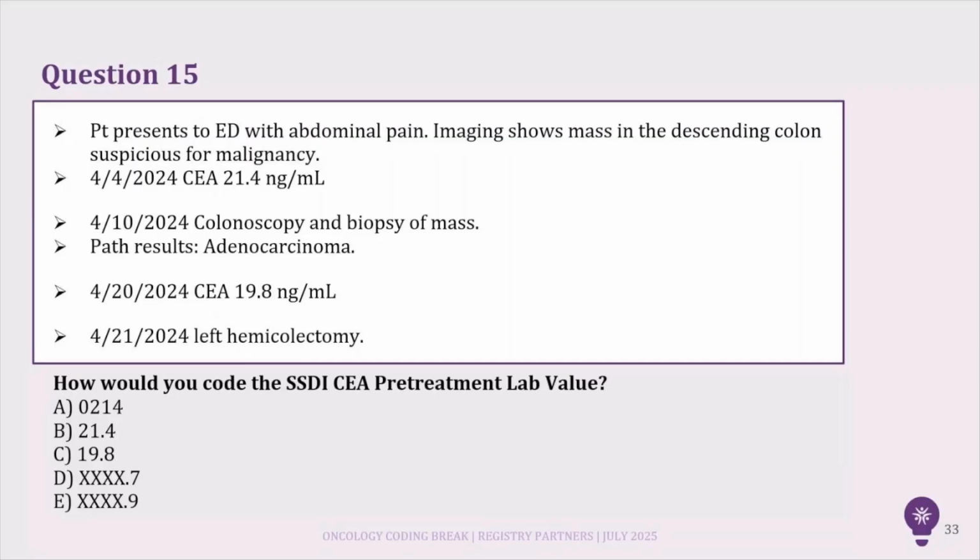They launch the poll. So the patient was diagnosed on imaging on 4/4, and then the colectomy was 4/21.